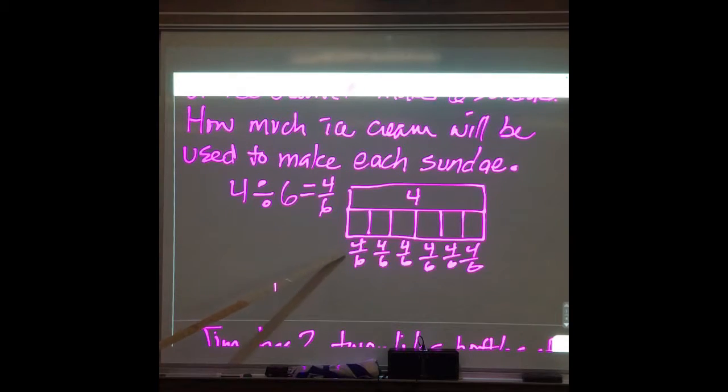I'm going to put them below because it's hard to see them. What if I counted up all these 4s? 4, 8, 12, right? 12 plus 4 is 16. Then this would be 20, right? And then 24. That'd be 24 over 6.